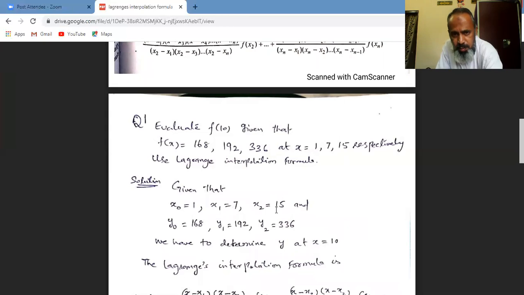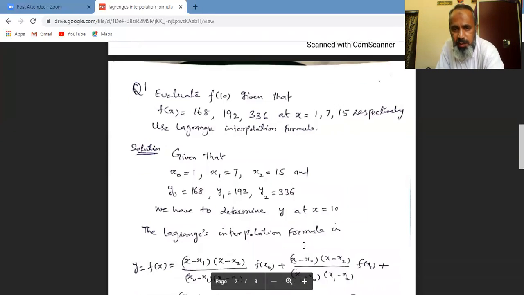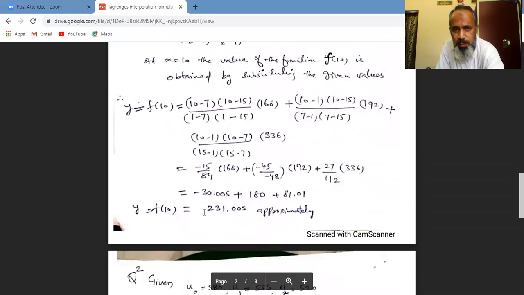So in between 7 and 15, 10 is the value. At x = 10, we should get the value of the given function between 192 and 336. What we get here, f(10) = 231.005, is in between the given values at x = 7 and x = 15.